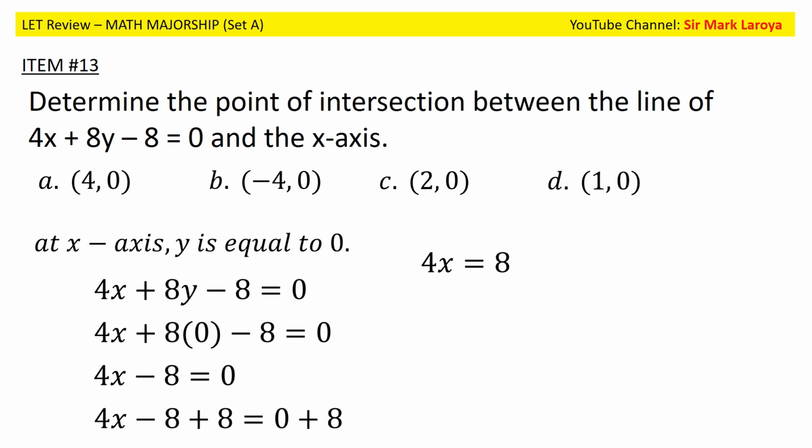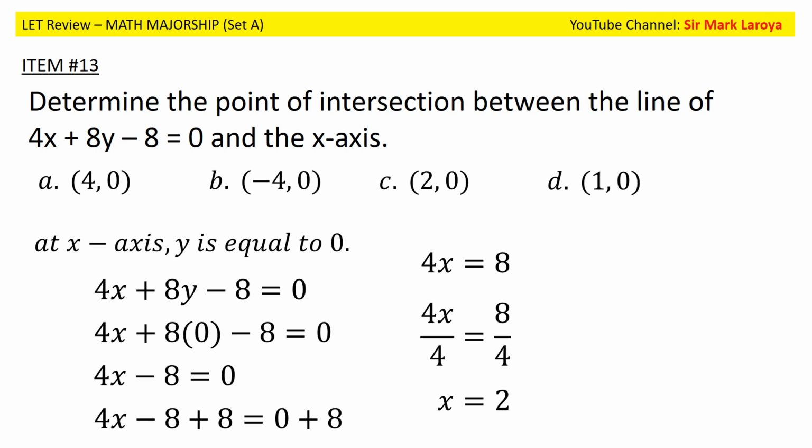And now, magkahiwalay na yung ating dalawang terms. Yung isa na may variable ay na-isolate na sa left side. So the coefficient 4, yun lang kailangang mawala. So we divide both sides by 4. So 4x over 4 equals 8 over 4, or that is simply x is equal to 2. Yun ang value ng ating x-coordinate na hinahanap nating point.